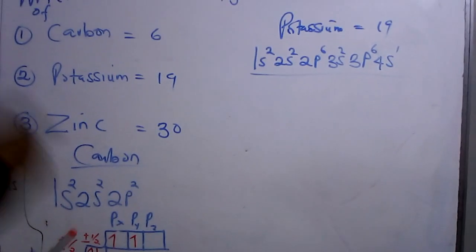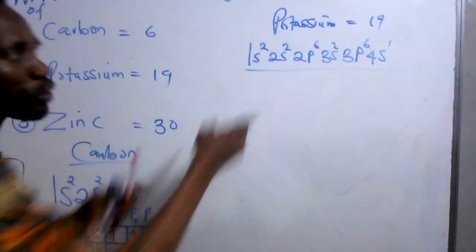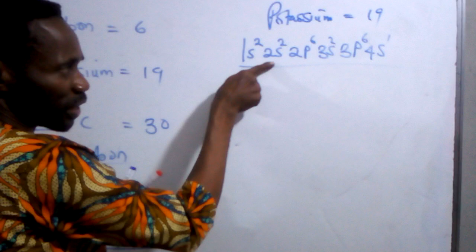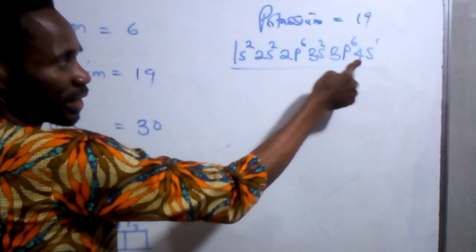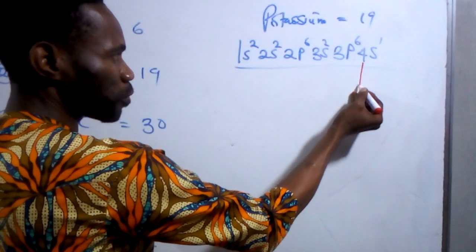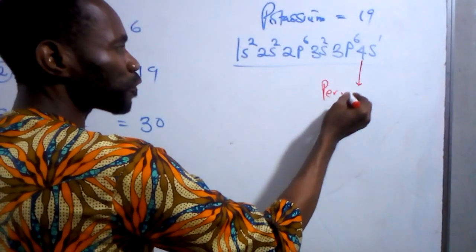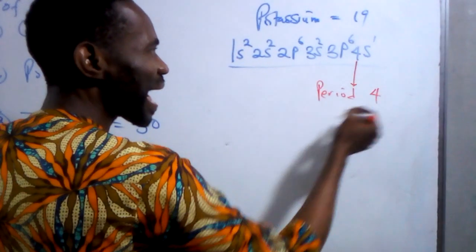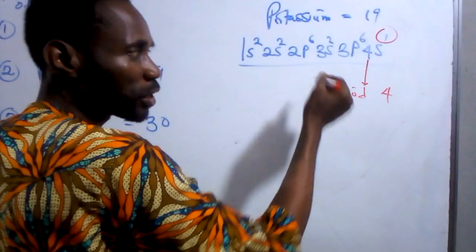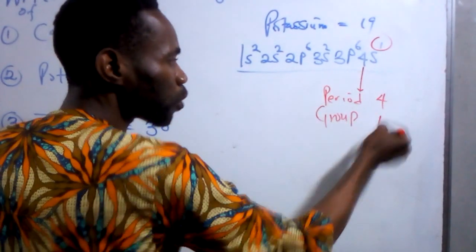Remember in our previous class we also said you can get the group and period potassium belongs in the periodic table. The highest coefficient here is 4, so potassium belongs to period 4, and the superscript to the highest coefficient tells us it belongs to group 1.